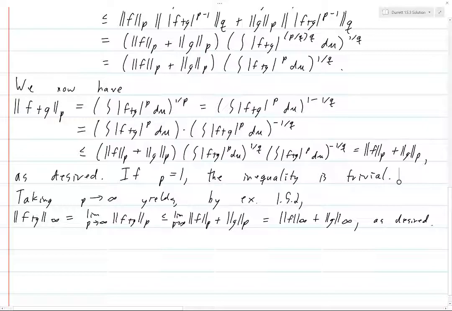Well, I guess no. In the vector space definition, it's not just being finite. You have to be able to pull the scalar out. So it's slightly more complicated.